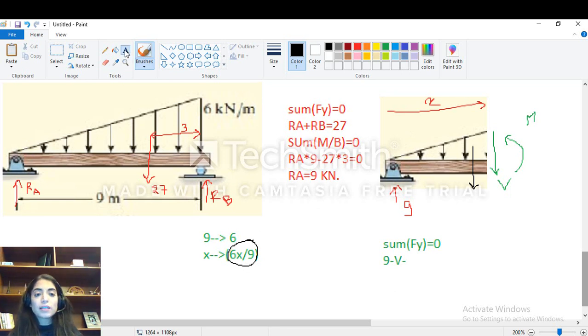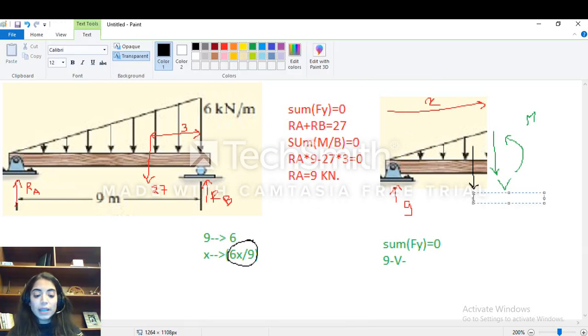So basically, guys, my resultant force will be 6x squared over 18, which is x squared over 3. So, guys, this is my resultant force.